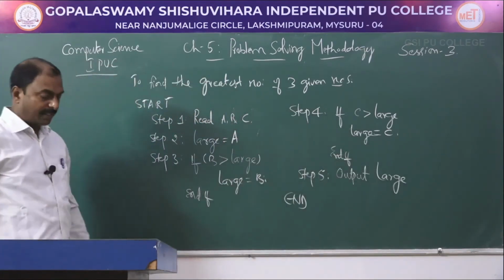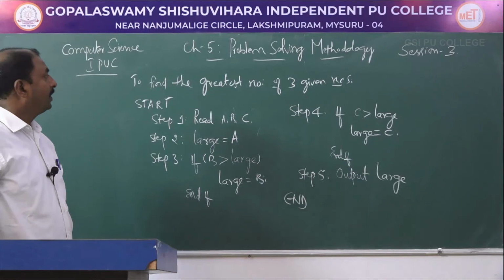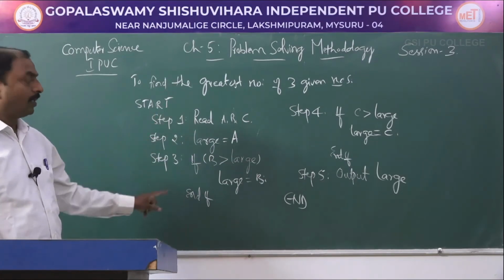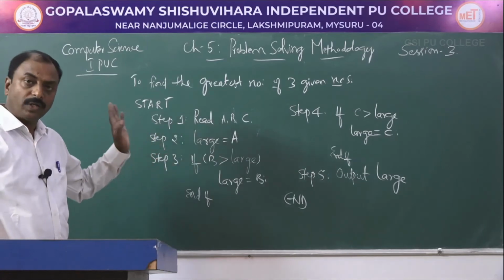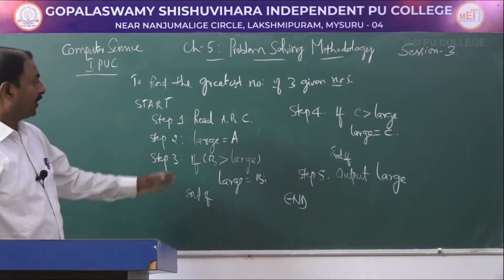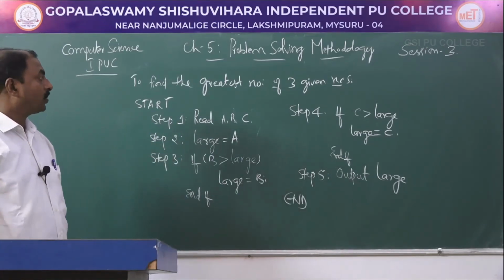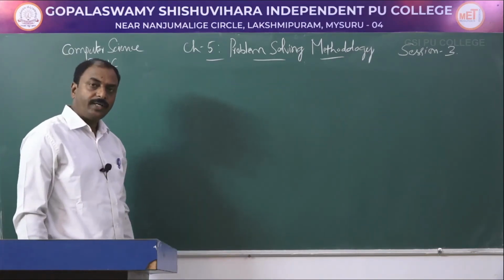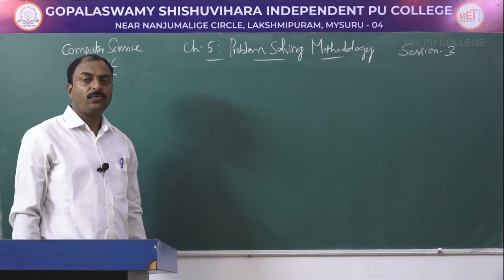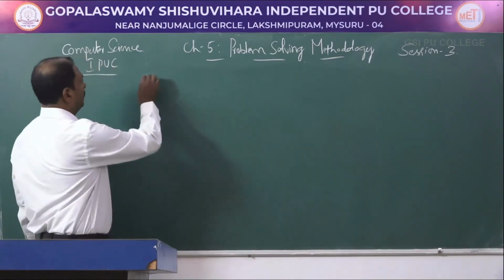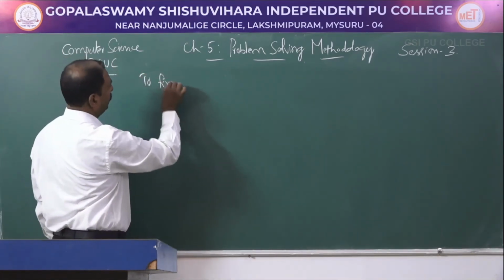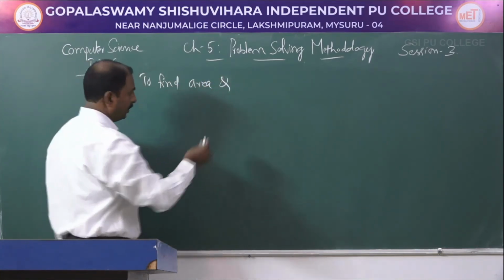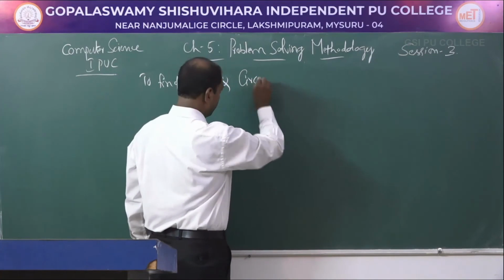So this is an example to find the greatest of 3 numbers. This is one of the methods through which we can find out the largest of 3 numbers. Next example is to find area and circumference of a circle.